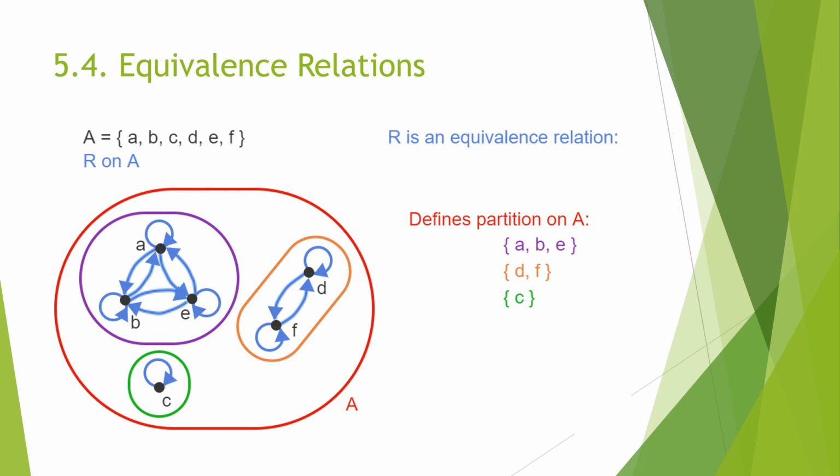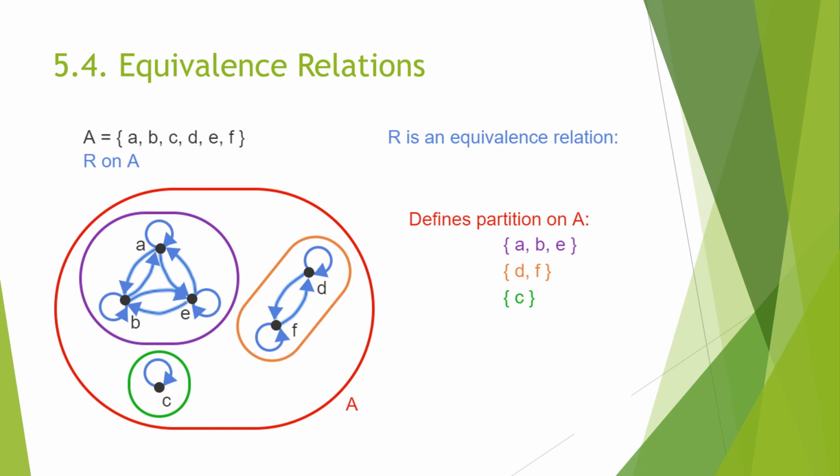So this equivalence relation defines the following partition on A. {a, b, e} is the first subset in the partition. {d, f} is the second subset, and {c} is the last subset in the partition. If you want to do it as a homework, it is highly recommended to do it.